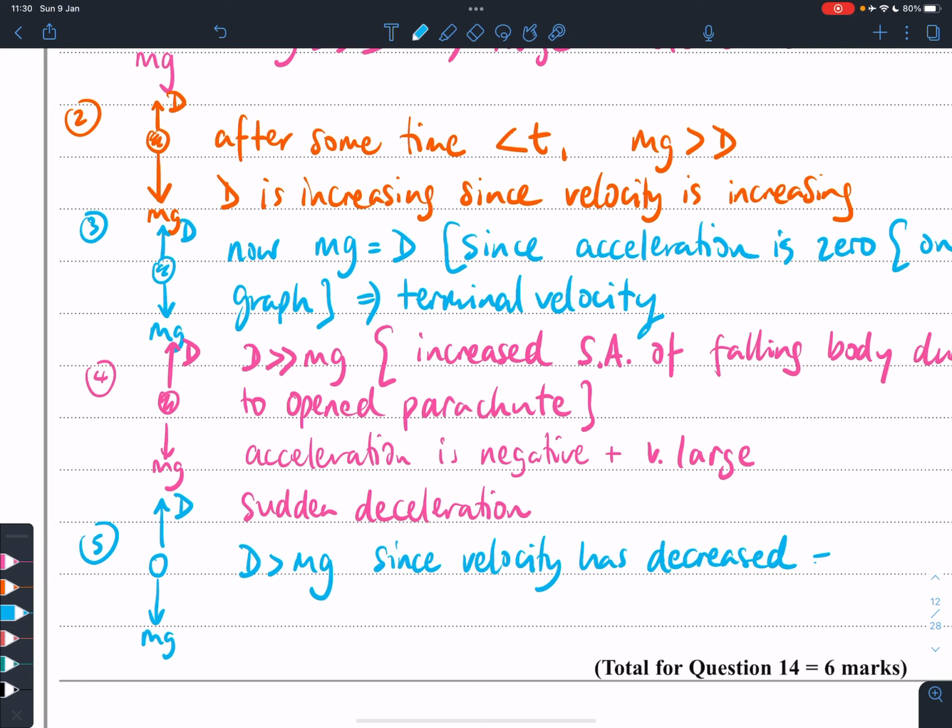Velocity has decreased, therefore drag decreases. Drag decreases, gradually reducing negative acceleration.